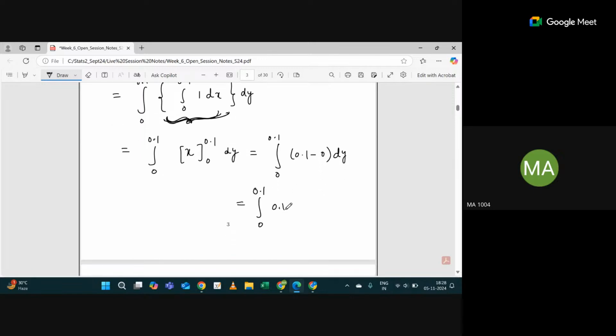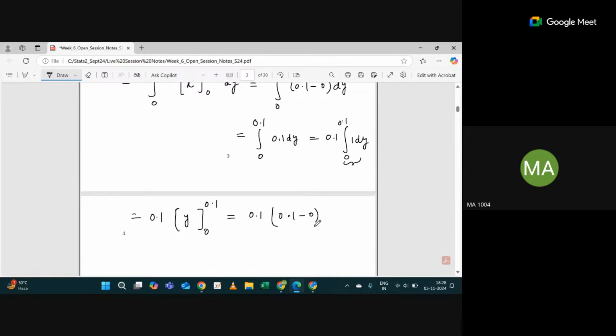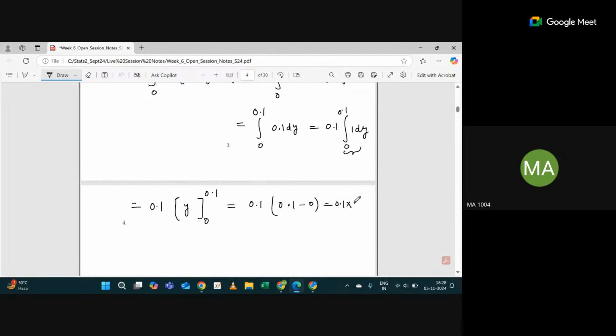It will be 0.1 dy, and I can take 0.1 outside, so it is 0.1 times the integral from 0 to 0.1 of 1 dy. The integral is y, from 0 to 0.1. Substituting the values, it will be 0.1 times 0.1, which is 0.01.